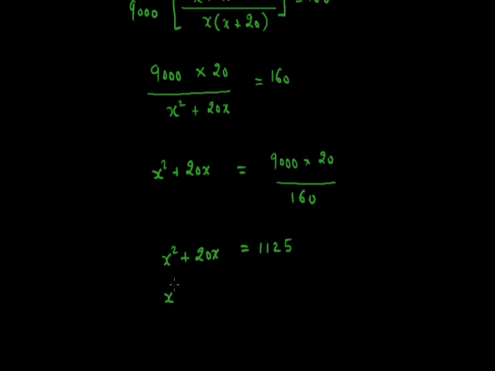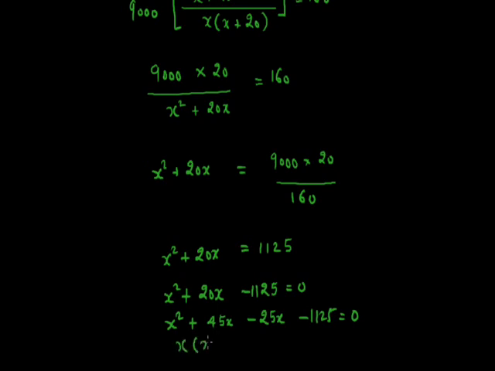Or we can say x square plus 20x minus 1125 equal to 0. Now if we factorize 1125, this will become 45 and 25. x square plus 45x minus 25x minus 1125 equal to 0.